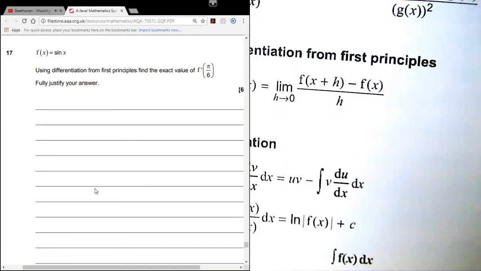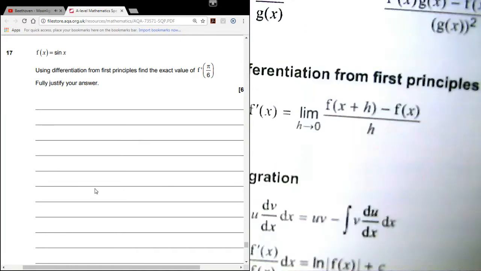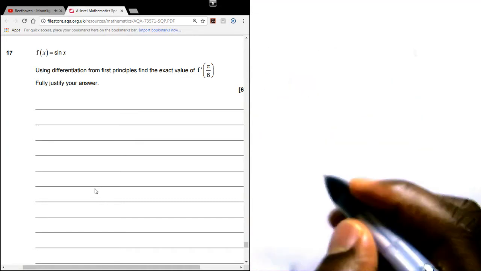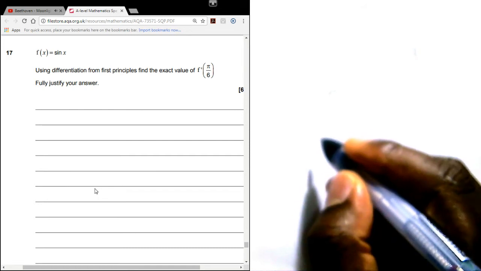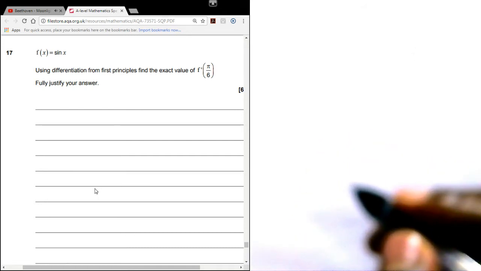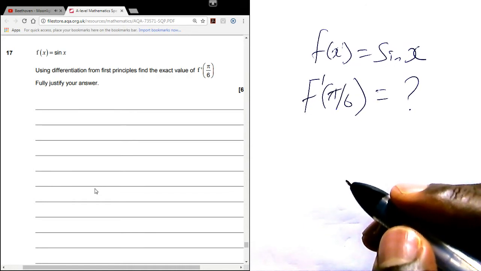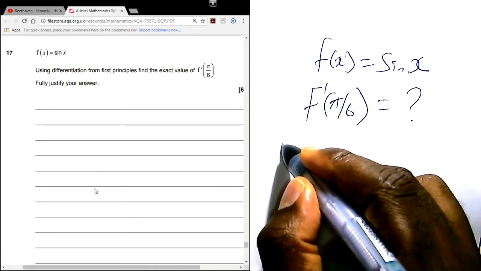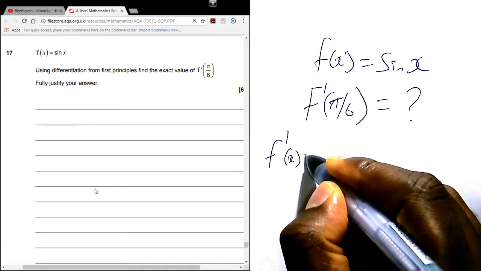Just write that and we will go through it together. Let's just adjust the focus back. Good.